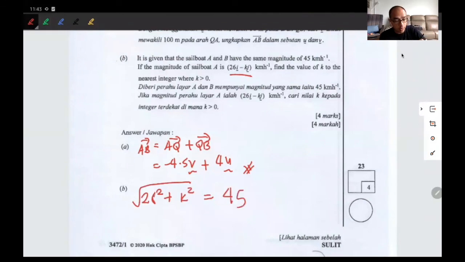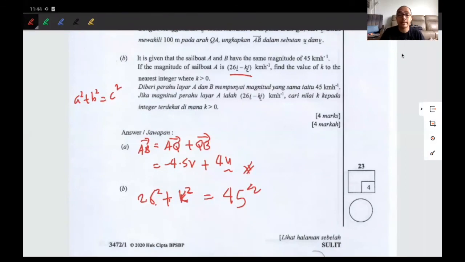To follow Pythagoras theorem, let's do 26 squared plus k squared equals 45 squared. A squared plus B squared equals C squared.